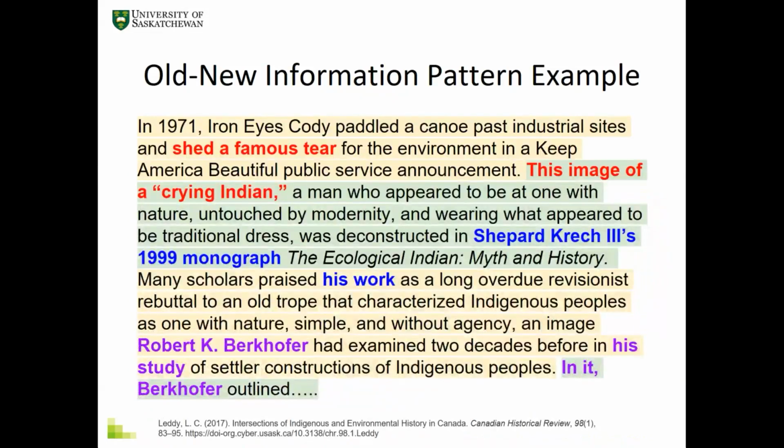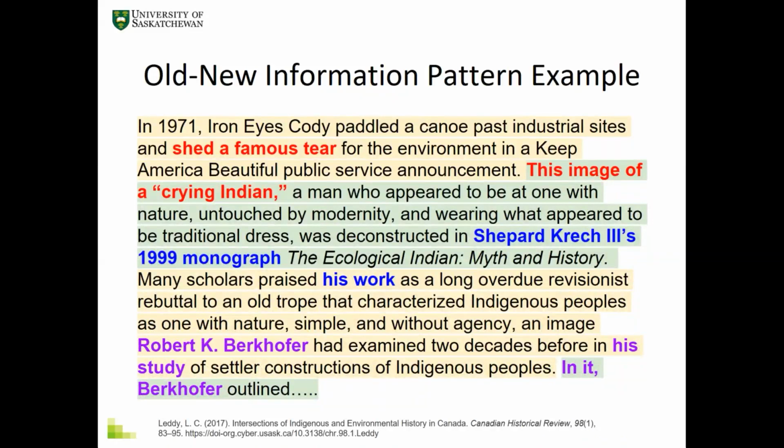Here's an example from history, from L.C. Leddy, 2017, in the Canadian Historical Review. This is done maybe in a less obvious way. In the first sentence, we have the words "shed a famous tear." And then the author repeats that at the beginning of the next sentence: "this image."